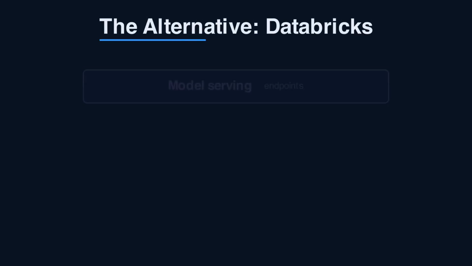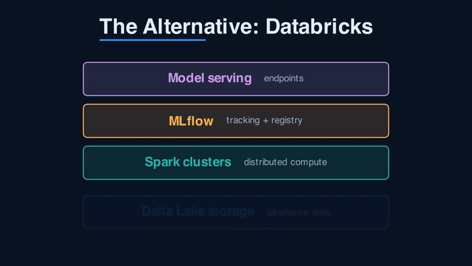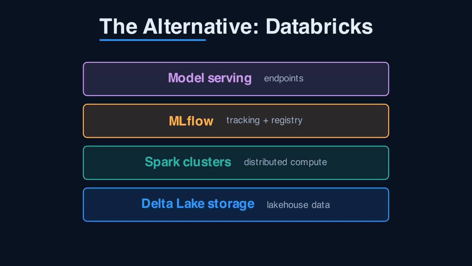Now, the close alternative. Azure Databricks is a Spark-based lakehouse platform. Its center of gravity is large-scale data processing and collaborative notebooks, and it brings ML capabilities through managed MLflow for experiment tracking and a model registry, plus model serving endpoints.